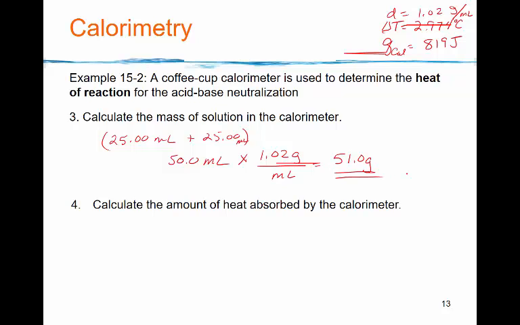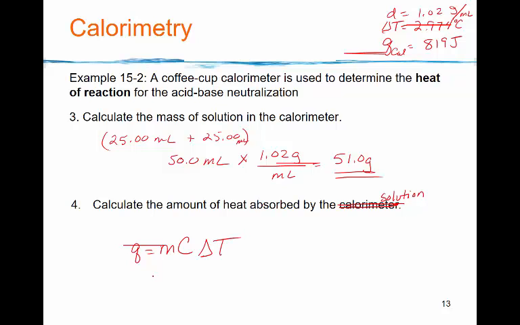All right, so we need to calculate the heat absorbed by the solution. Okay, that's not calorimeter, sorry, that's solution. Calculating the heat absorbed by the solution is going to be Q equals m c delta T. I call it MCAT because it kind of reminds me of a cat.